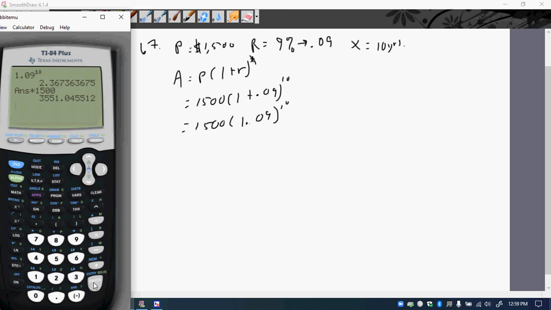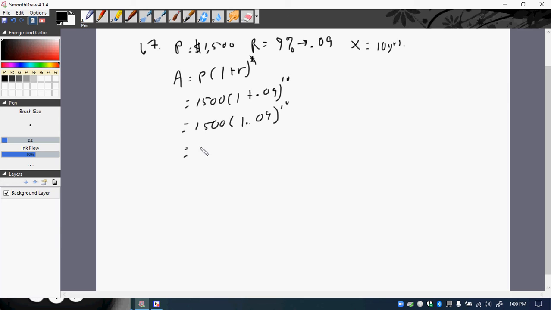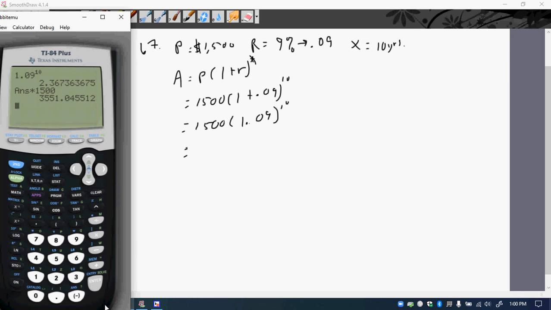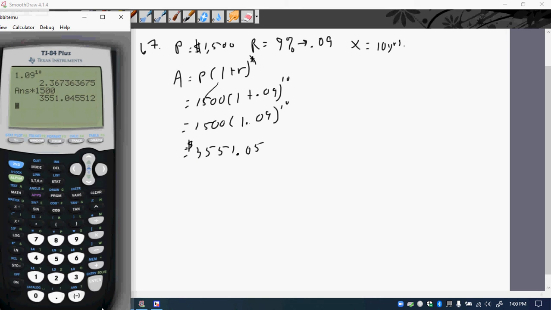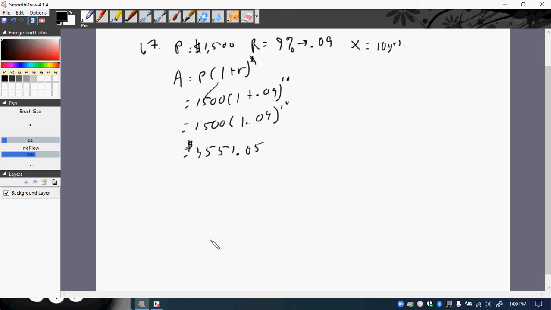And so you're looking at 3551.05, and that's basically the amount of money that you would have after 10 years.